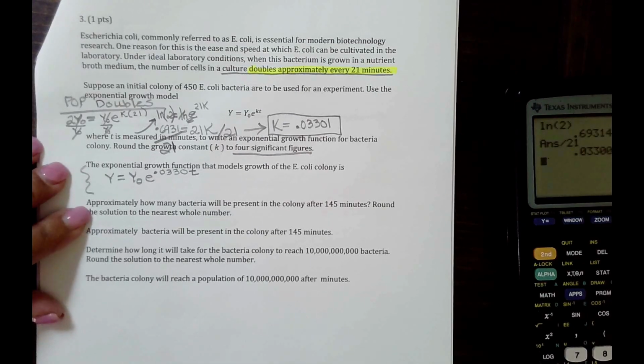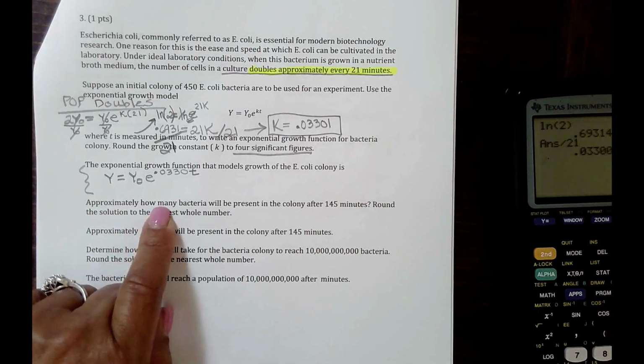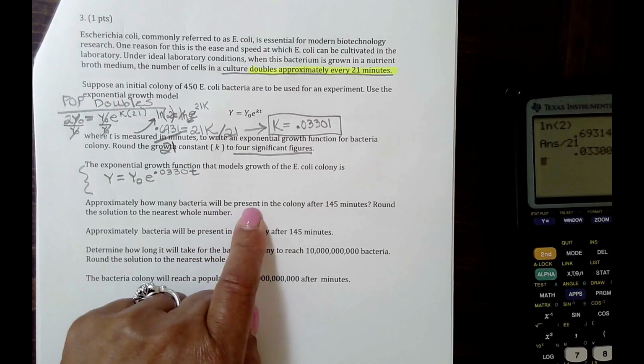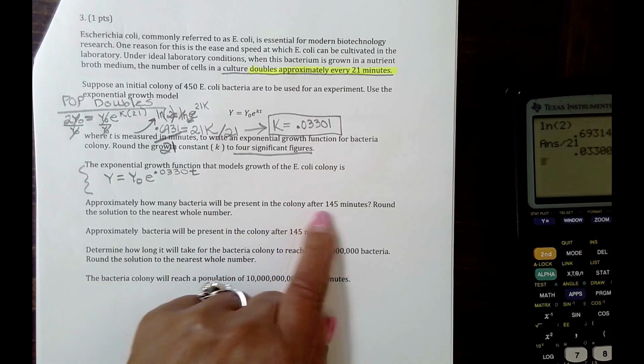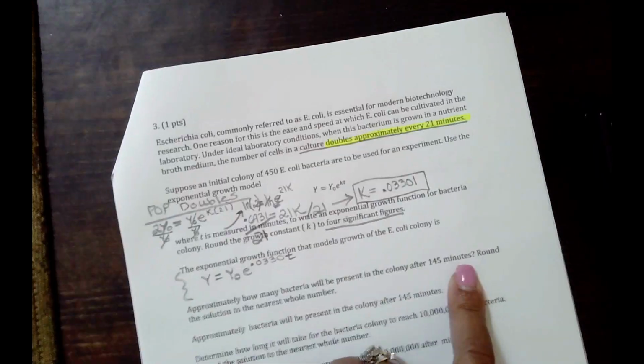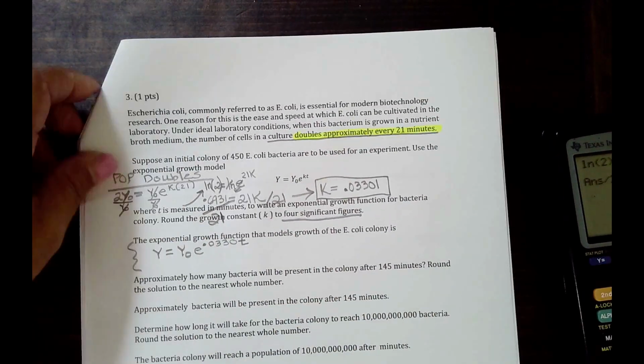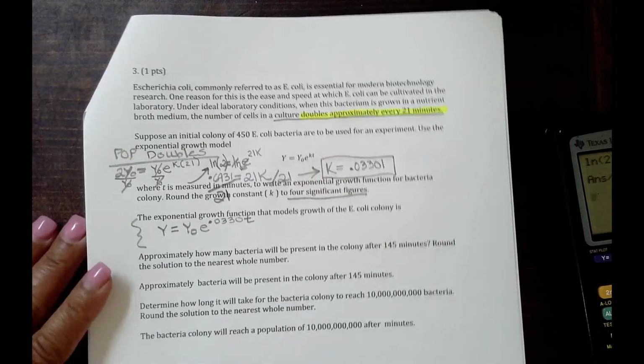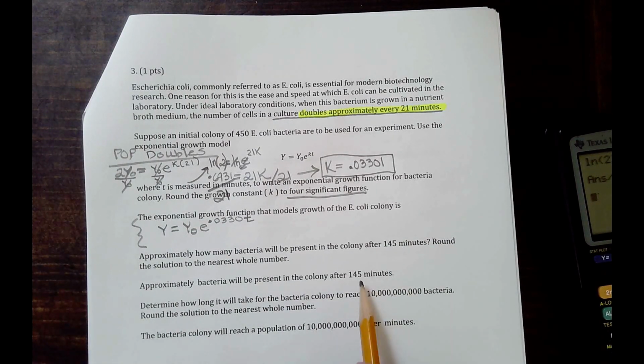Okay, now we can go on to answer this next question. Approximately how many bacteria will be present in the colony after 145 minutes? And in this particular problem, which it says at the beginning, the unit for time is in minutes.